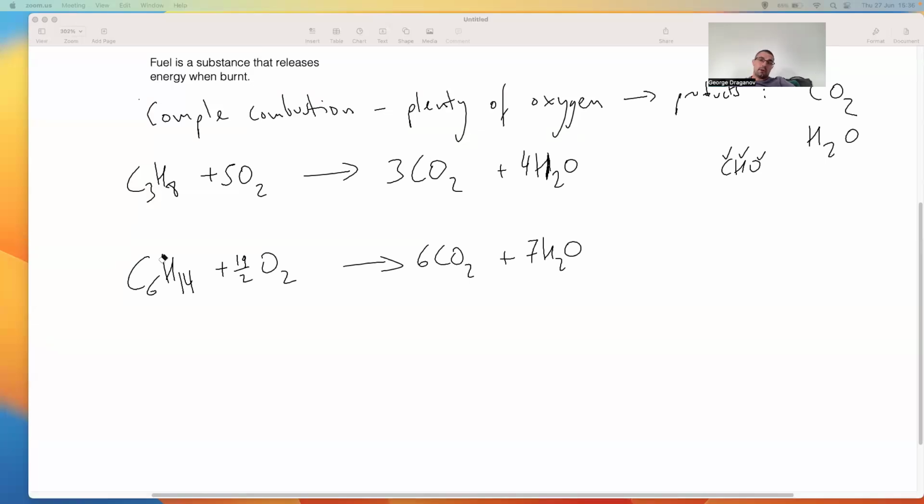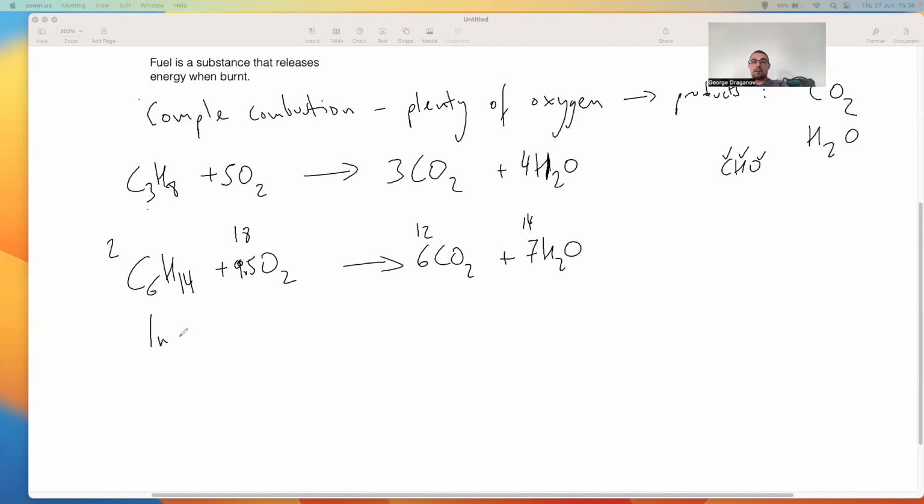Now you might think that's ugly. 19 over 2 is actually 9.5. Do not be afraid to use the 0.5. The mark scheme will allow it, and they'll always allow these multiples. If you don't like it, you can double everything. But then you would get 2 in front of this, 18, 12, and 14. Much bigger numbers. So I much prefer the 0.5 system.